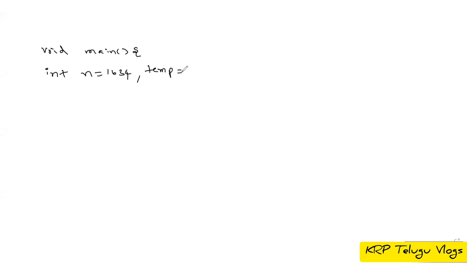In a temporary variable you have to store this number. temp is equal to n, and for count we need count equal to 0, sum equal to 0, x, comma y is equal to 1. In y you will store the power value.